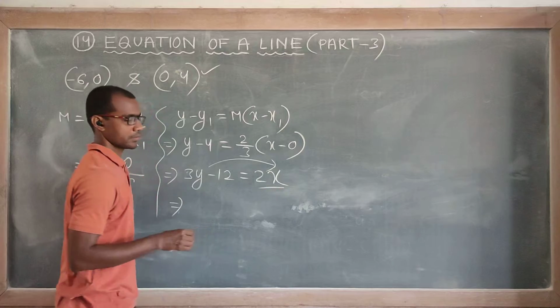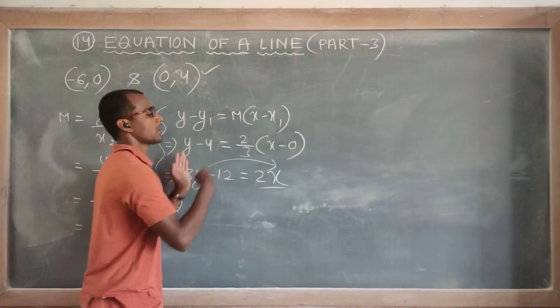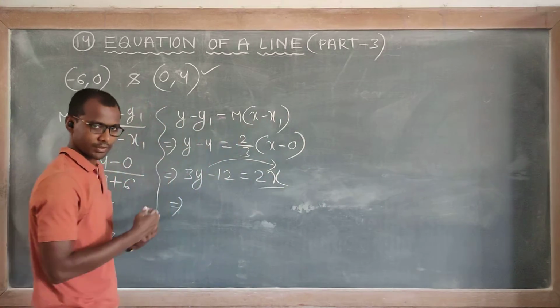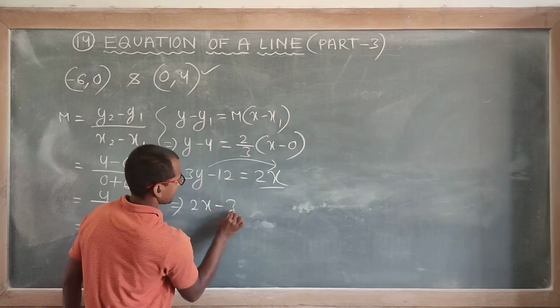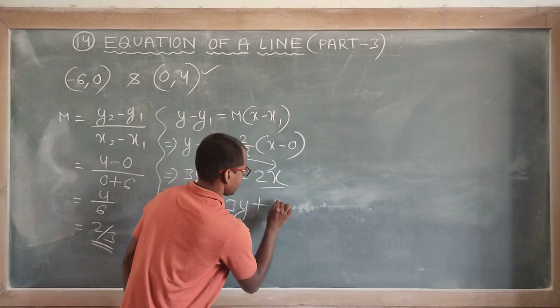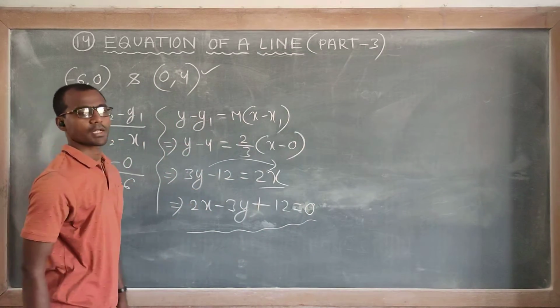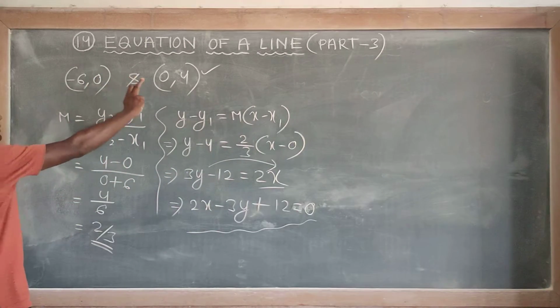Always focus on x. If x is positive, then okay. Here x is positive, so I put this to the right. If x will be negative, then I will drop x to the left. So 2x minus 3y plus 12 is 0. This is the equation of the line which passes through the points (-6, 0) and (0, 4).